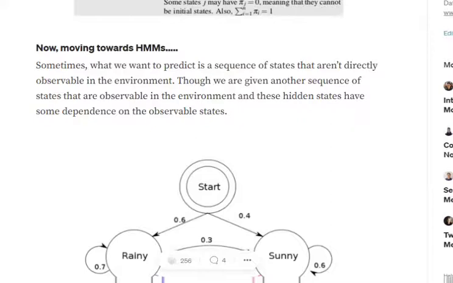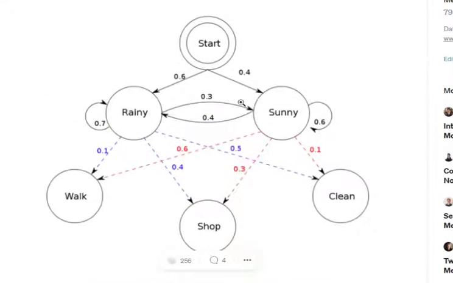For example, look at this diagram where we are considering the weather of a day. It can be either rainy or sunny. Depending upon the weather, we have three hidden states, that is walk, shop, or clean. These states are not directly observable in the environment because the environment considers the weather information.